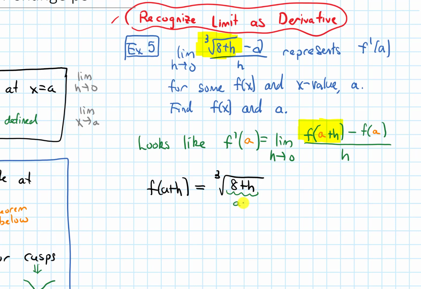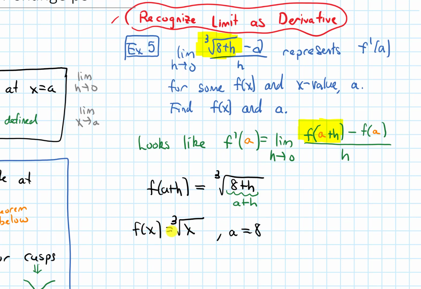So it seems like this should be the a plus h. And that's suggesting that the a is 8. The a is matching up with 8. And what this a plus h is getting plugged into is the cube root function. So cube root of x, that is my function. That is f of x.